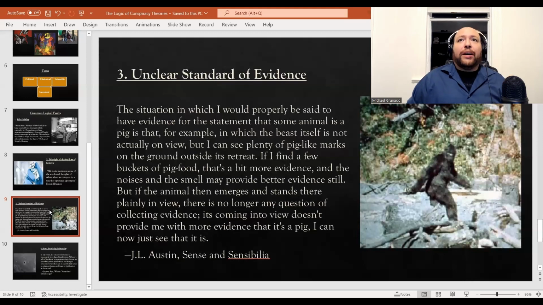But the issue with that, going back to what I said at the very beginning, is that arguments are predicated on positive evidence, not lack of evidence.